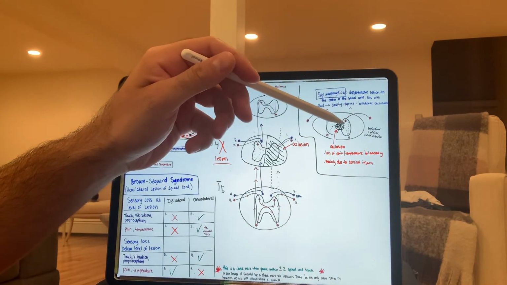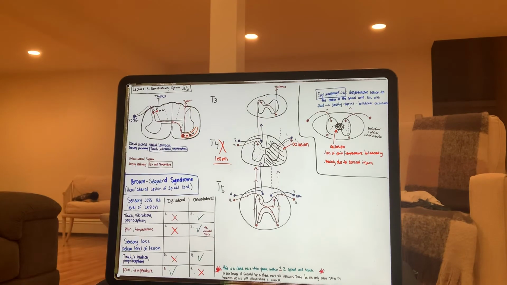So because it cuts across, both of them would be occluded because they have to go through the middle. If we didn't have to go through the middle, like in the dorsal column medial lemniscus, then this would not be an issue. But because we have to cut across, we lose pain and temperature.